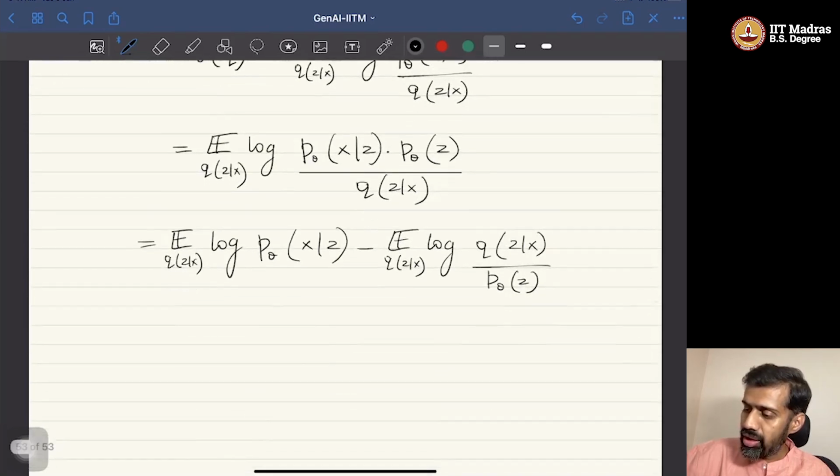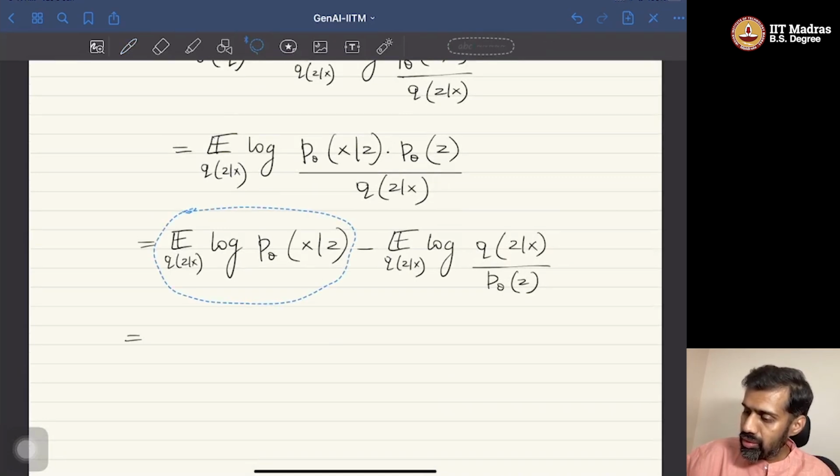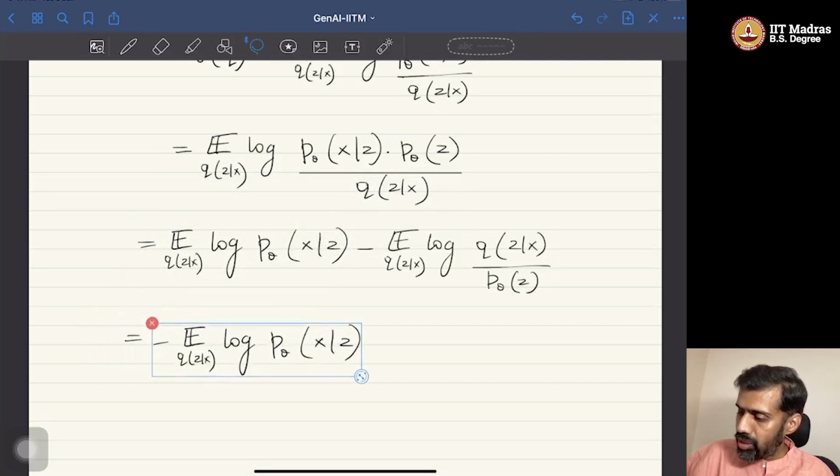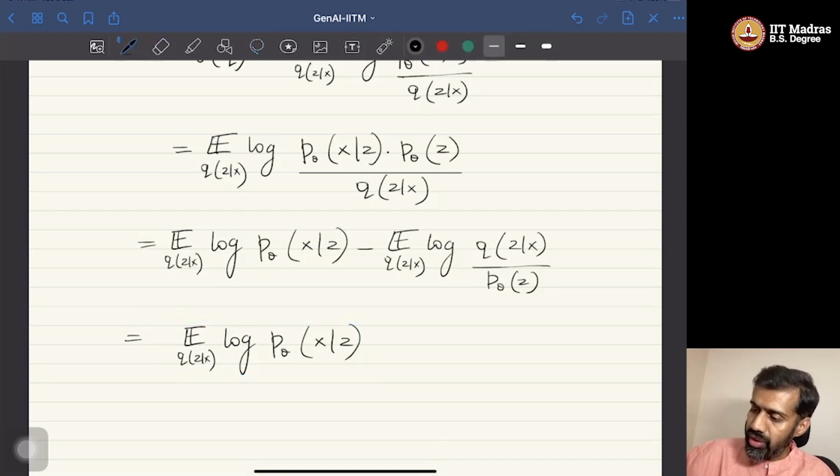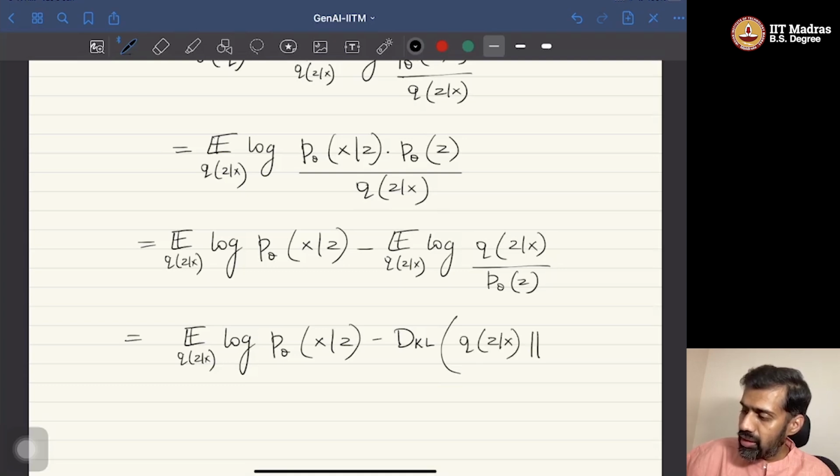The first term remains as it is. If you observe, the second term by definition is the KL divergence between q of z given x and p theta of z. So this is the definition of KL divergence.